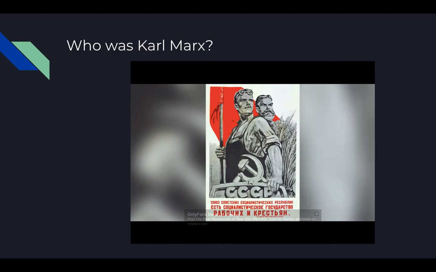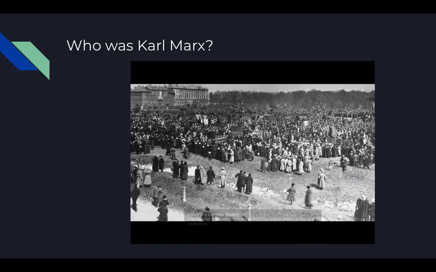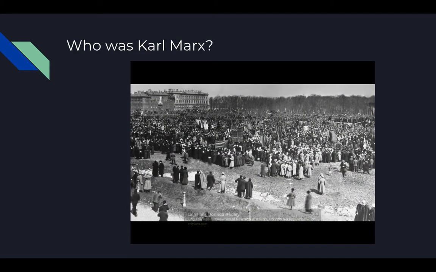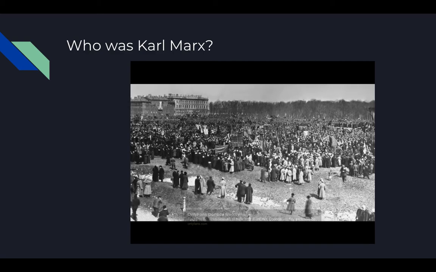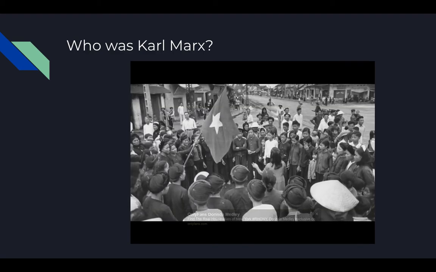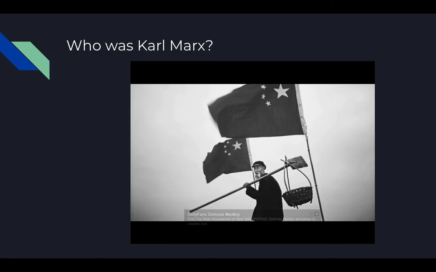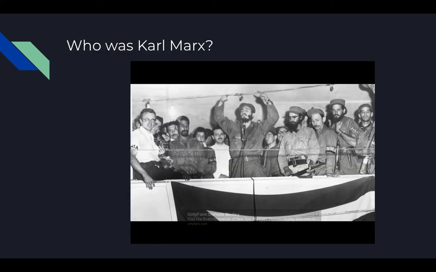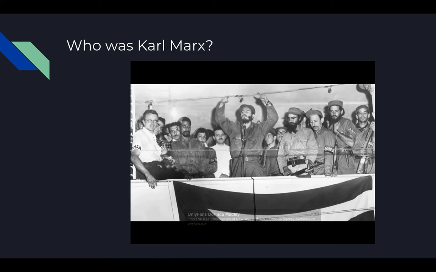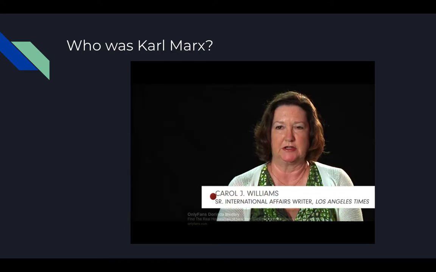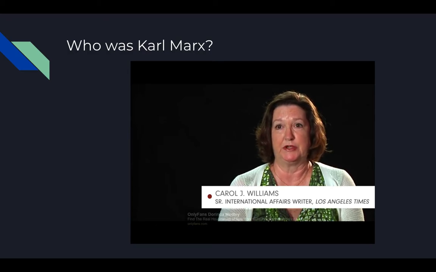By the early 20th century, Marx's theories became increasingly popular and were adopted by different countries. The Russian Revolution of 1917 ushered in the first communist government, and after World War II, socialism and communism spread to countries throughout Europe, Asia, and Latin America. I think that communism appealed because it provided such a contrast with the existing economic situation.